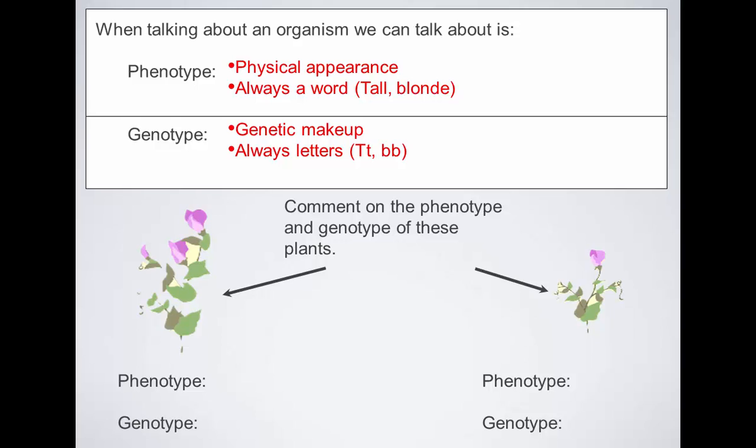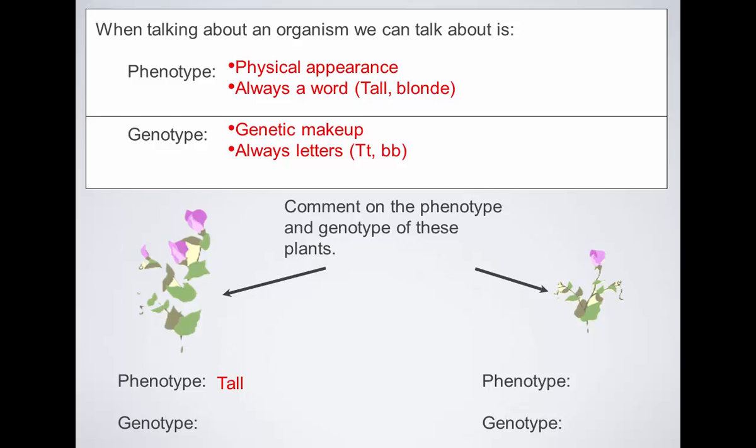So what would its phenotype be? We're just talking about its height. Yeah, it would be tall. It's a tall plant. That's its phenotype. What genotype would give a tall plant?